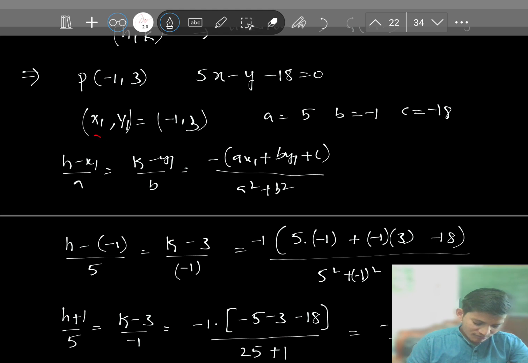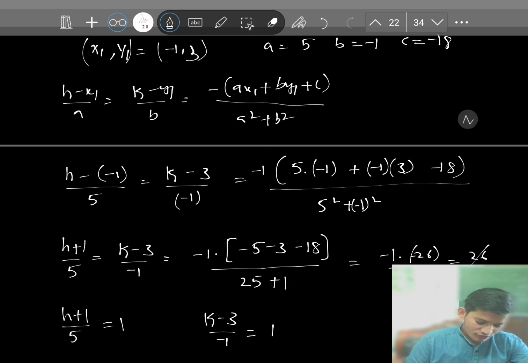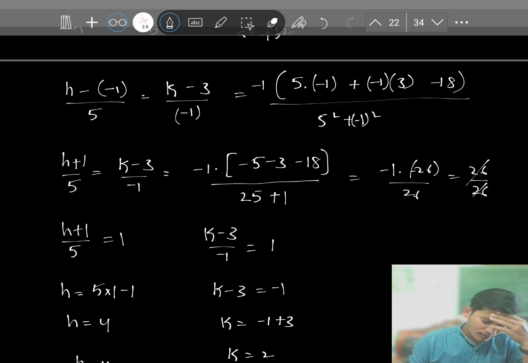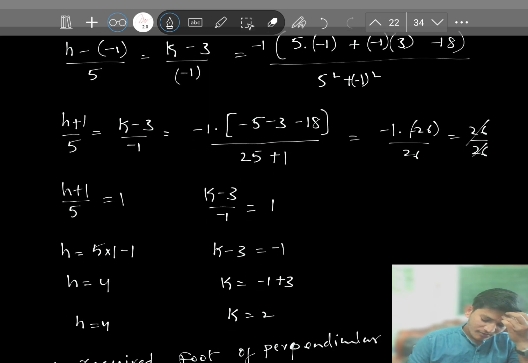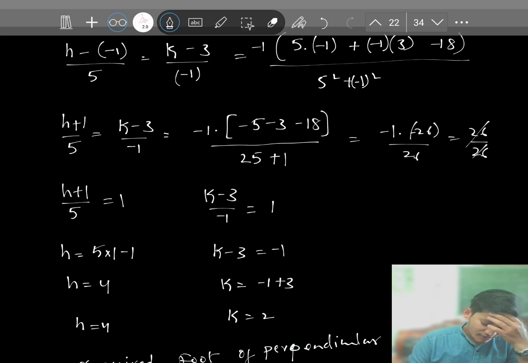So I can mention P(x1, y1) is (−1, 3), and the value of a is 5, b equals minus 1, and c equals minus 18. So upon substituting in the condition of foot of perpendicular, I get (h − (−1))/5 = (k − 3)/(−1) = minus (ax1 + by1 + c) whole divided by a² + b².